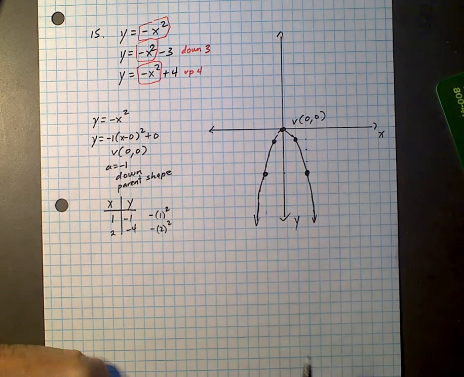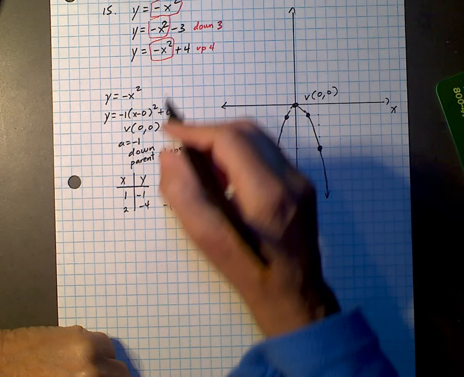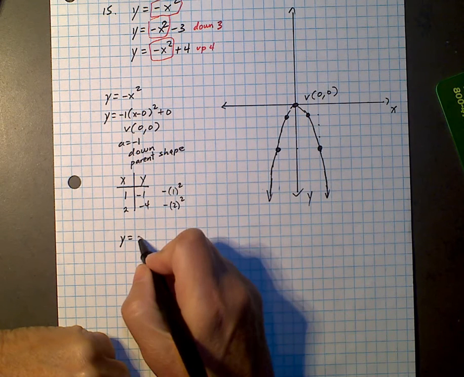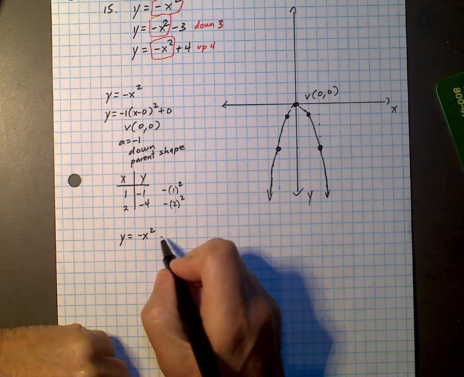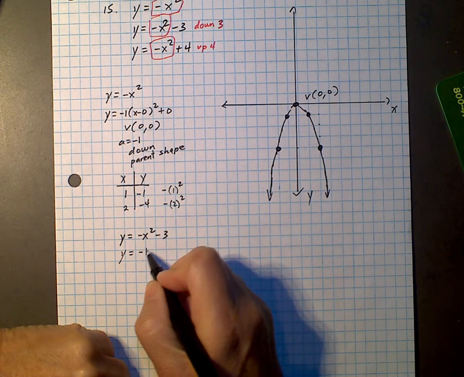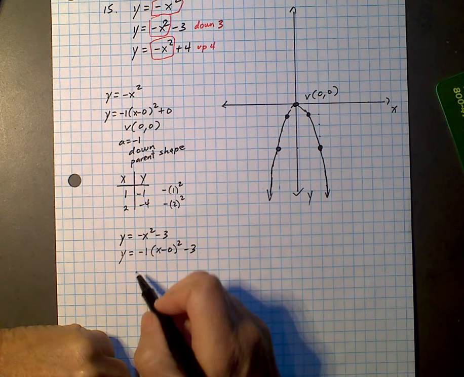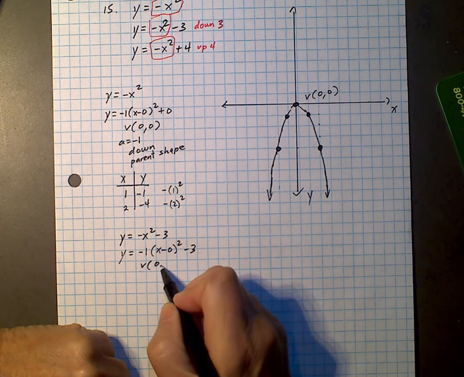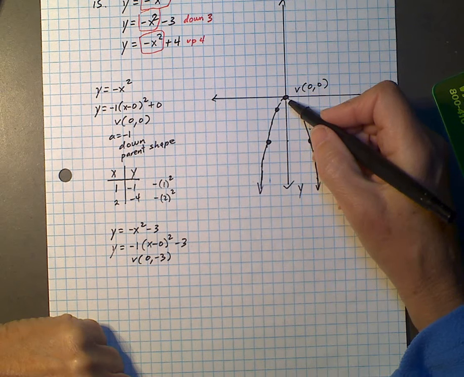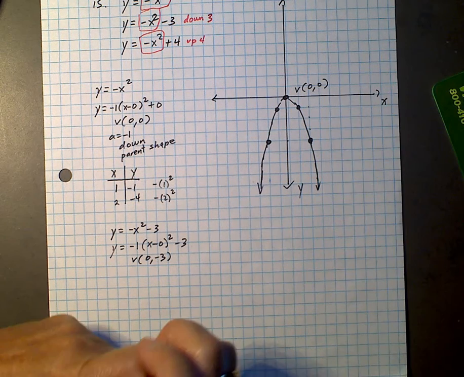Okay, now, the second one is y equals negative x squared minus 3. I can see that when I expand that out in vertex form, a is still negative 1. This is x minus 0 squared minus 3. So my vertex is at 0, negative 3, meaning it's just shifted down by 3. So I'm going to take my vertex and all my guide points, and shift them down by 3.